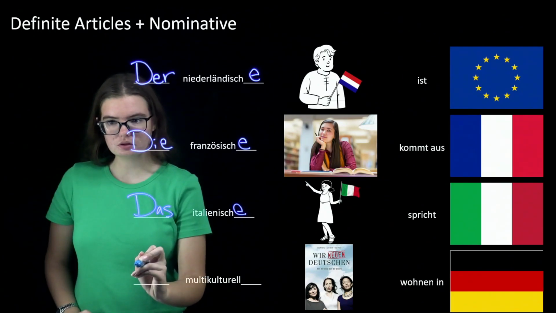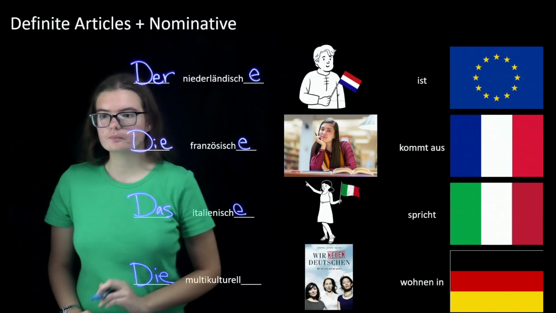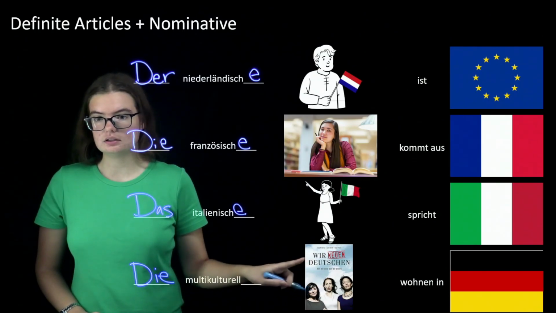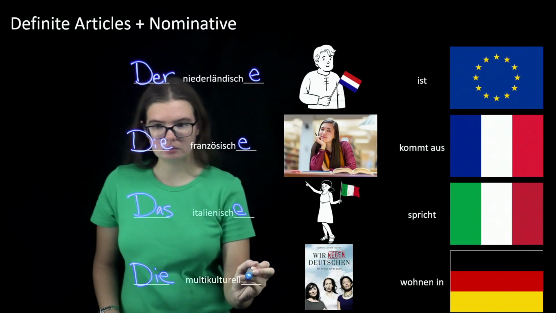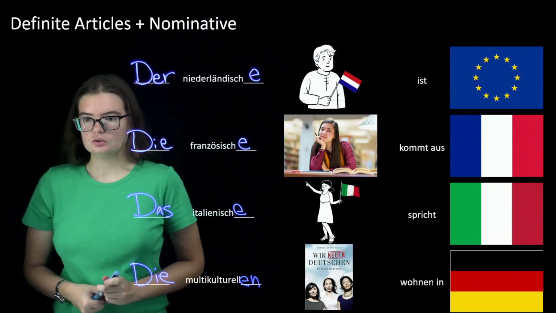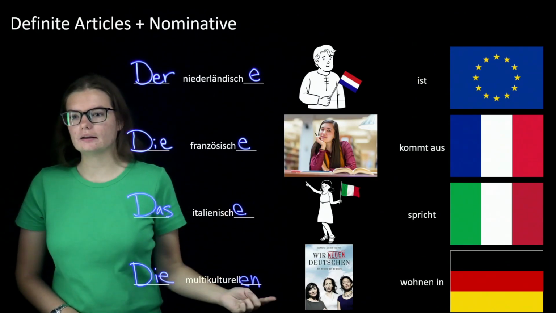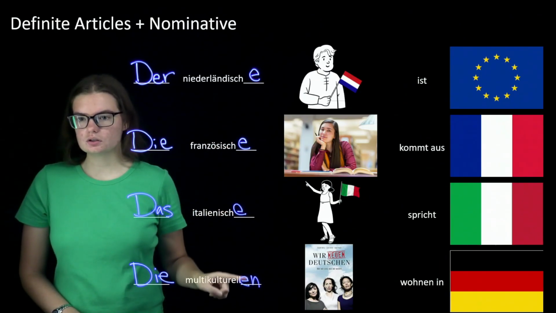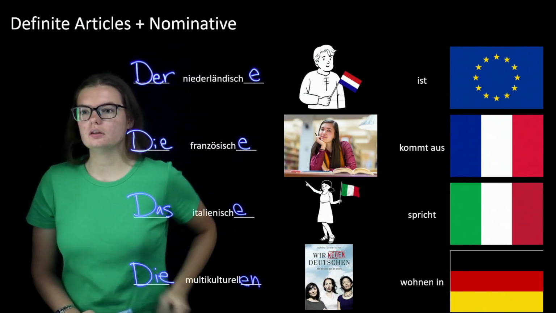And its plural's definite article is actually also die. So we need something here that specifically says that these are plural and not feminine like Studentin. So we're going to put N-A-N. So you can remember that because a lot of plural nouns are pluralized by adding an A-N. And luckily for us, there's only one change in the adjective endings. Makes it a lot easier to deal with in the nominative case.